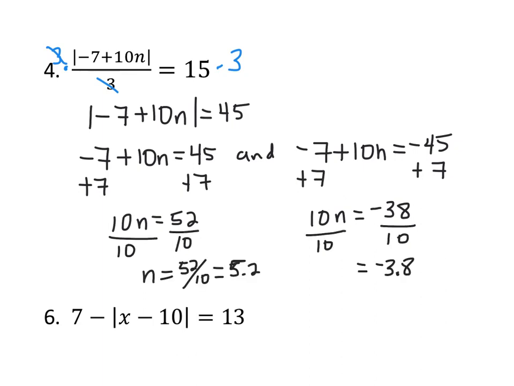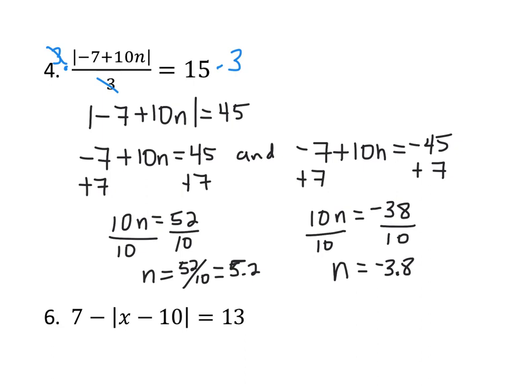So my final answers are n equals 5.2 or n equals -3.8. So I could write these as decimals or fractions. So on the test you may see your answers written as decimals or fractions.